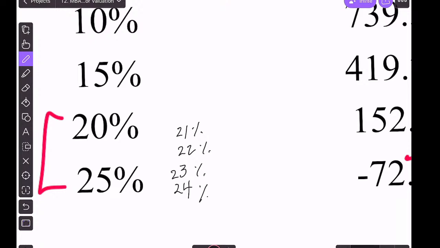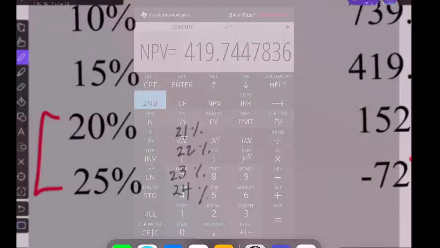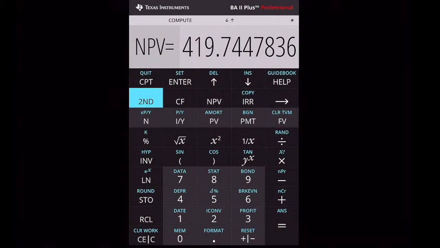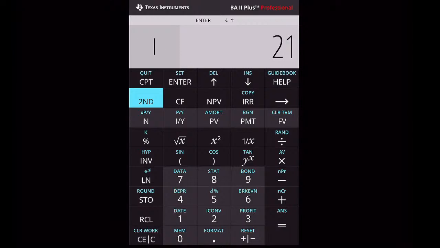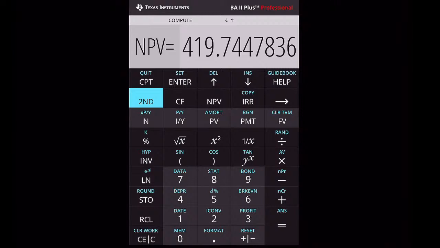So if we enter 21, 22, 23, 24, what do we get in our calculator? If I enter 21, it's still positive.